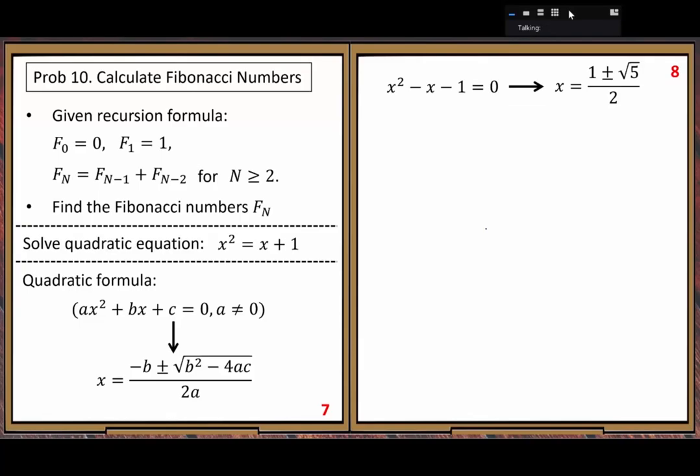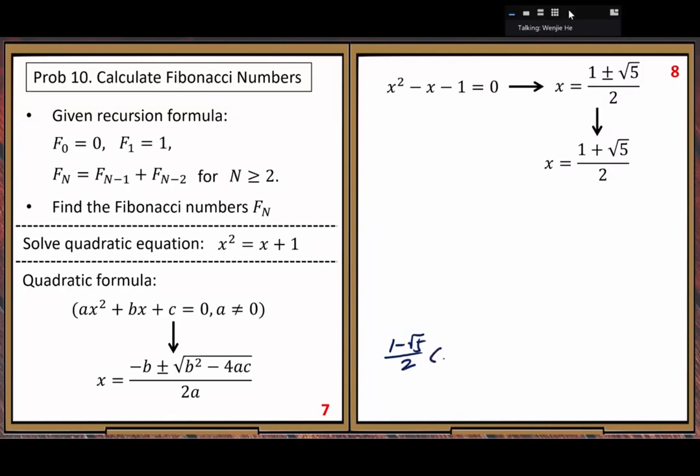So this x represents the A over B ratio. We know two possible values. Another value here is 1 minus root 5 over 2.